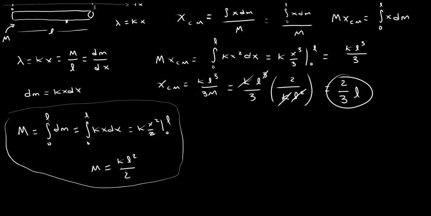But what you're trying to do is find M in terms of k and L, and you do that by this integration, and you finally get that the mass is equal to kL squared over 2, and then you sub that back in. Just know that if you're finding the center of mass and you have it in terms of things like k and then the mass itself, you're usually not done yet. Unless you have very limited information, you're usually going to get a clean answer like this.